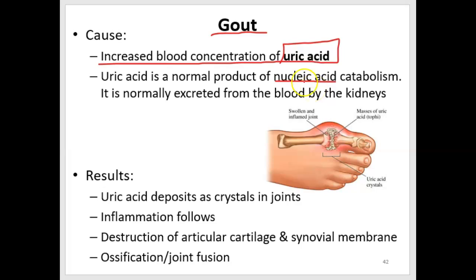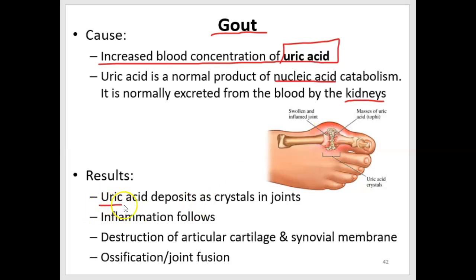So nucleic acids are just DNA in a nucleus, but we eat lots of nuclei. So uric acid's a normal byproduct of breaking those down, and the kidneys usually get rid of it. In this case, uric acid that's floating around in the blood and does not get filtered out by the kidneys deposits in joints as crystals.